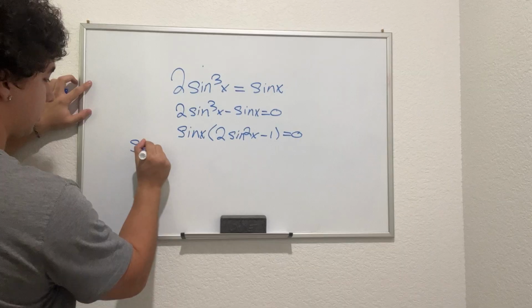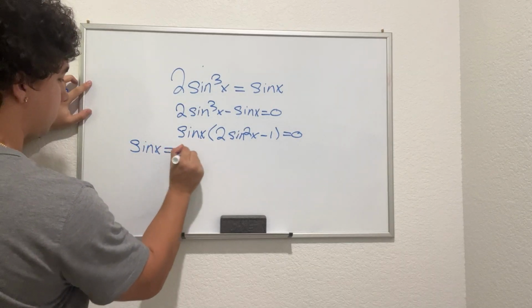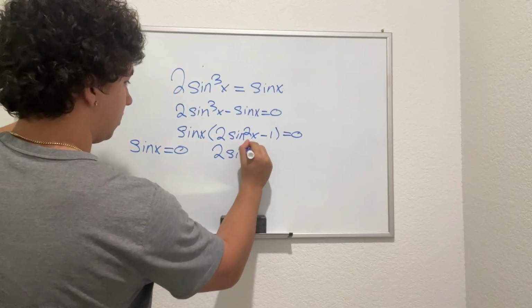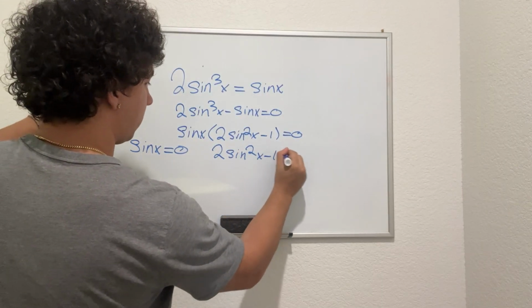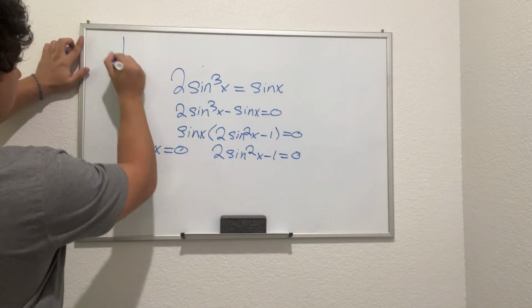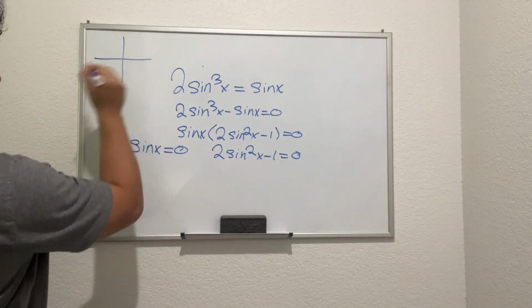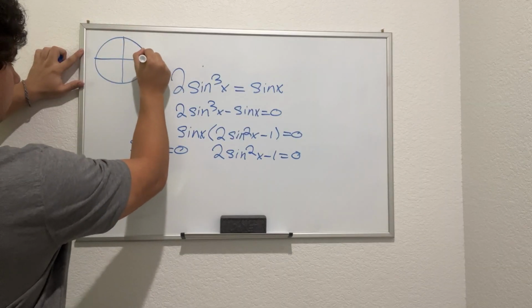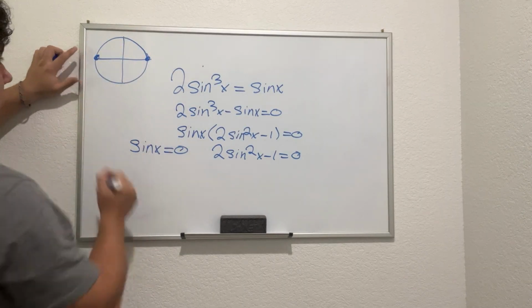So sine x is equal to 0 as one of them. And my other one's gonna be 2 sine squared x minus 1 is equal to 0. Well, this one, let's just start here. Sine is equal to 0 over here and over here.